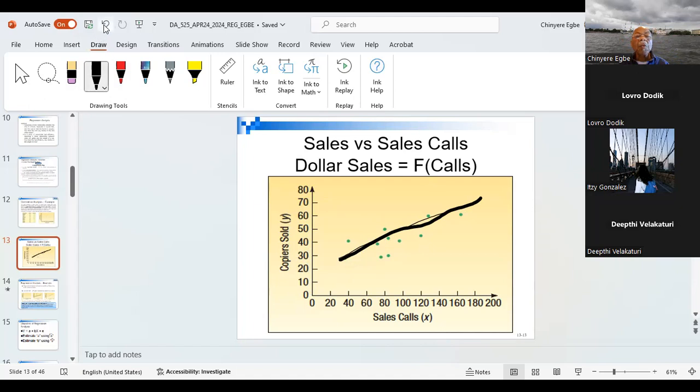That is what we are trying to achieve. We want to draw a line in the middle of the scatter plots. And in doing so, we are only providing an estimate of the relationship between sales calls and the number of copiers that are sold.